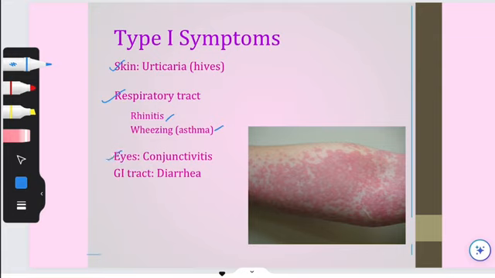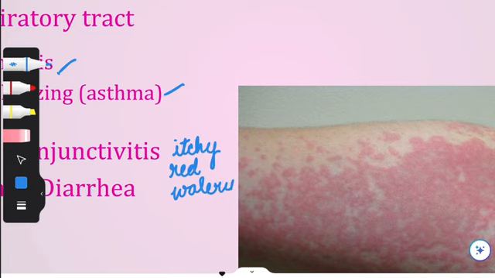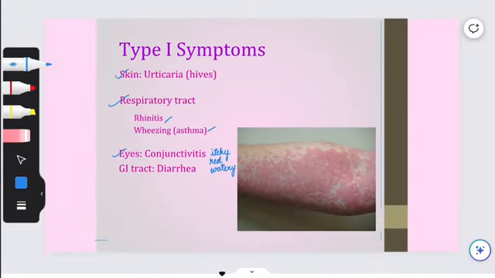In the eyes, patients can develop conjunctivitis. Their eyes will become itchy and red and watery. And then in the GIT, they can develop diarrhea.